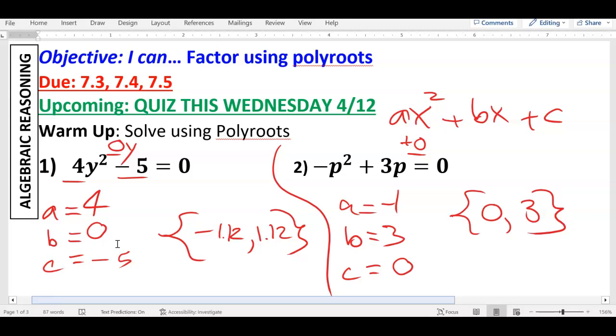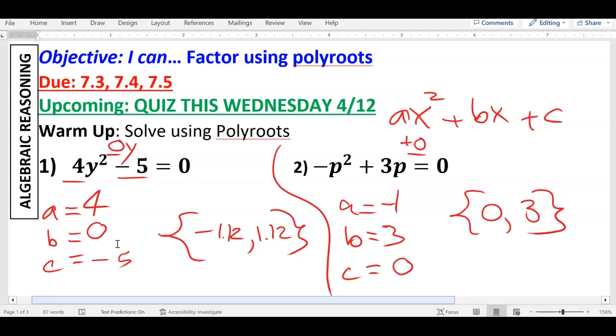Okay. I'm also going to pass this out to you. Look at what I'm holding. The side that has the cube on it, when I say look at me, it means look with your eyes, not the top of your head. Hey, this cube side. Okay. I'm going to pass this out to you. This is just more practice, either doing the quadratic equation or you can do polyroots. The only problem on this one is you got fractions.